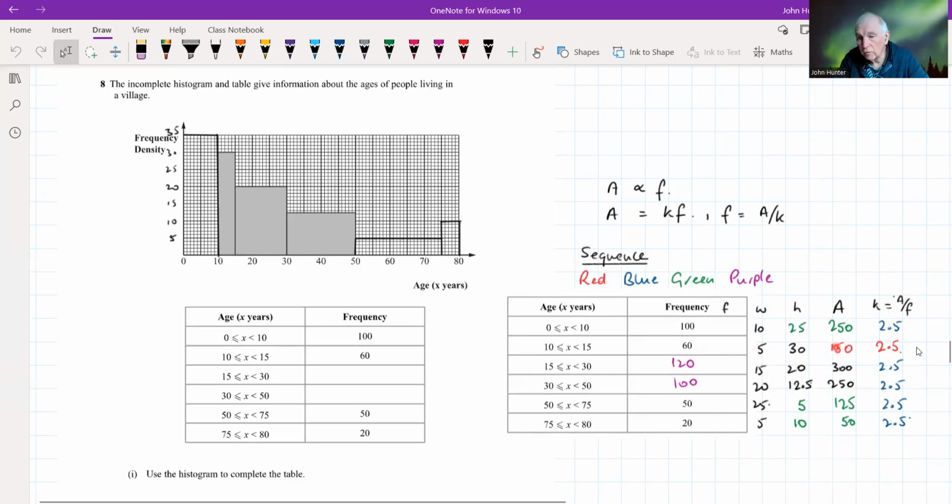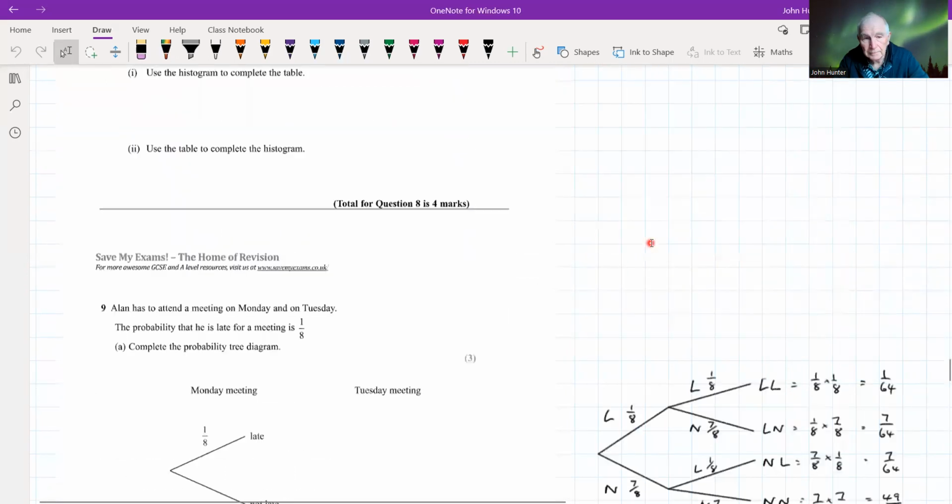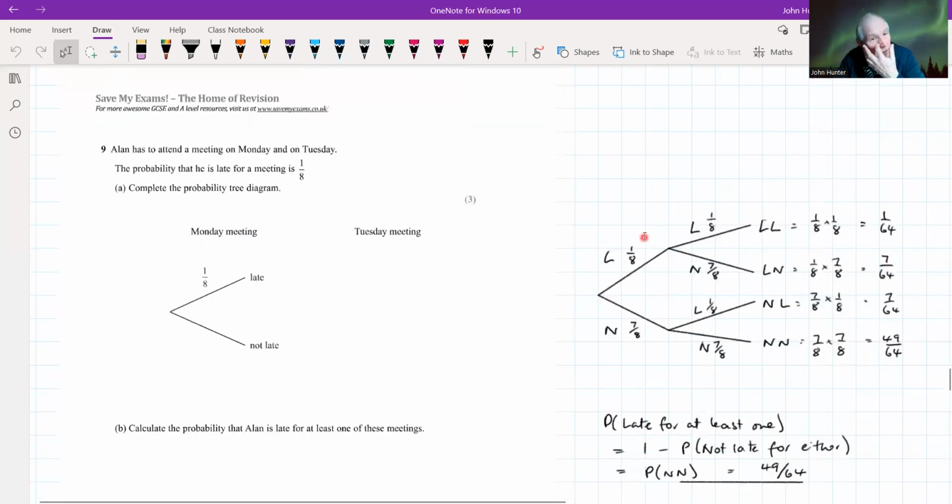We'll find one of these rows allows us to work out the conversion constant, the constant of proportionality, K. And once we've done that, we can reapply it to find the areas and the heights and the frequencies. All right, so that is that.